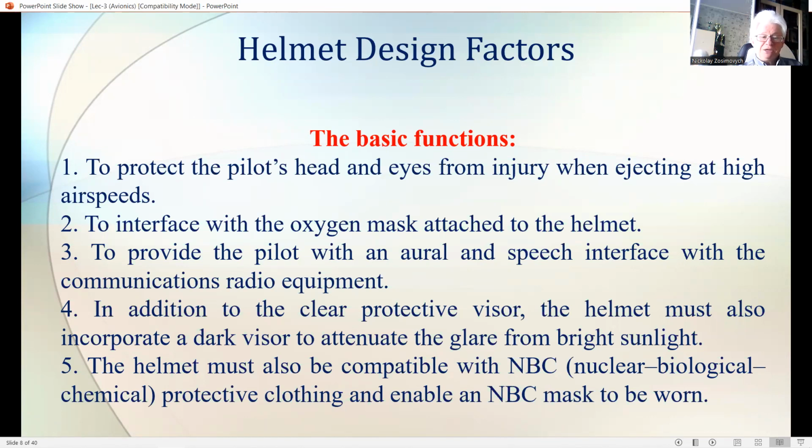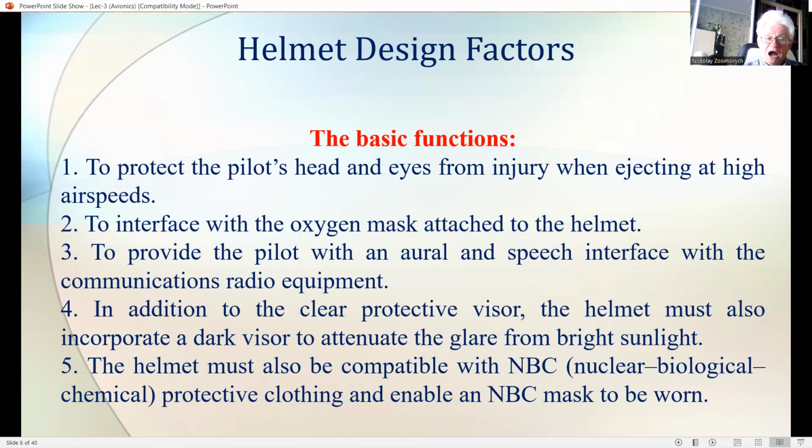The helmet must also function as a crash helmet and protect the pilot's head as much as possible in a crash landing. Right? Okay. It must also interface with the oxygen mask attached to the helmet.